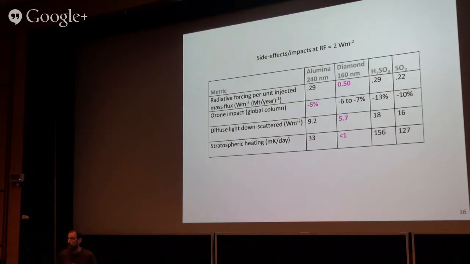For diffuse light scattered, there's a really large reduction, from something like 18 or 16 watts of forward-to-down scattering to less than half of that, or a third of that. To give you a sense of comparison, the peak down-scattering during Pinatubo would have been 30-plus watts per square meter, up to 48 at peak.